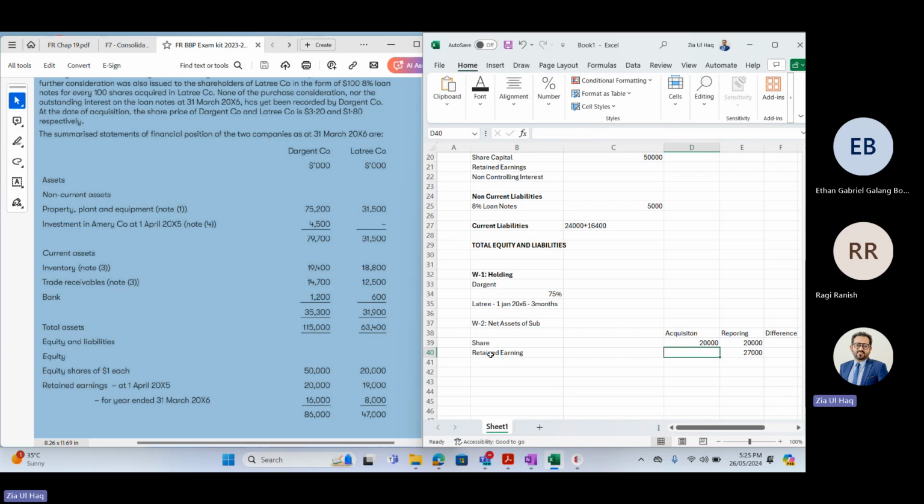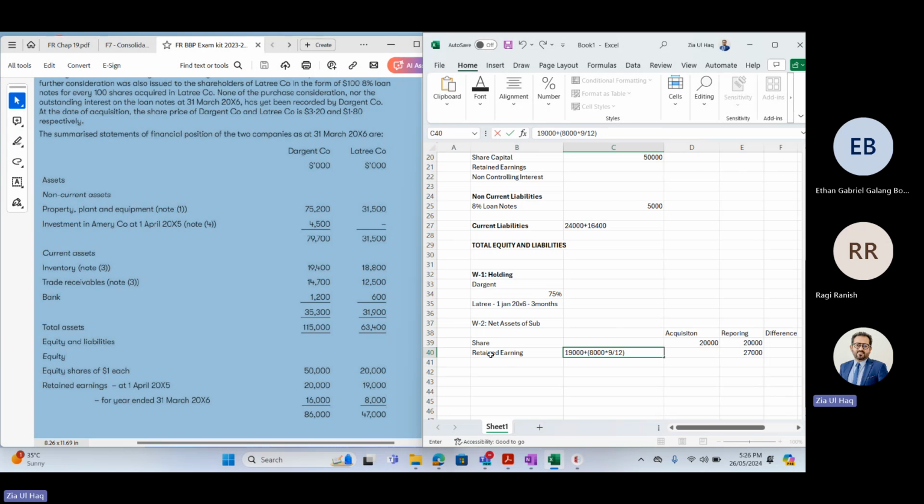Pre-acqui, that is 6,000. So we can calculate this: 19,000 was initial, plus we need to add how much out of this 8,000, multiply by 9 divided by 12. Because at the date of acquisition, we need to know how much was profit.